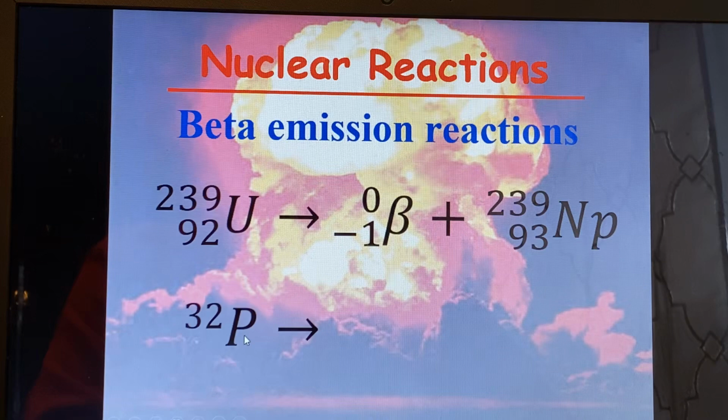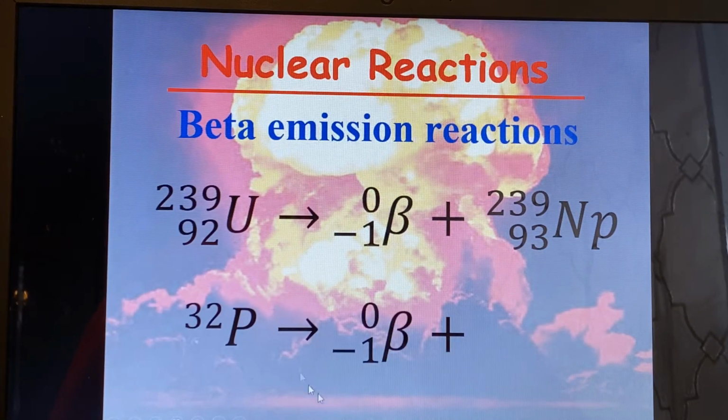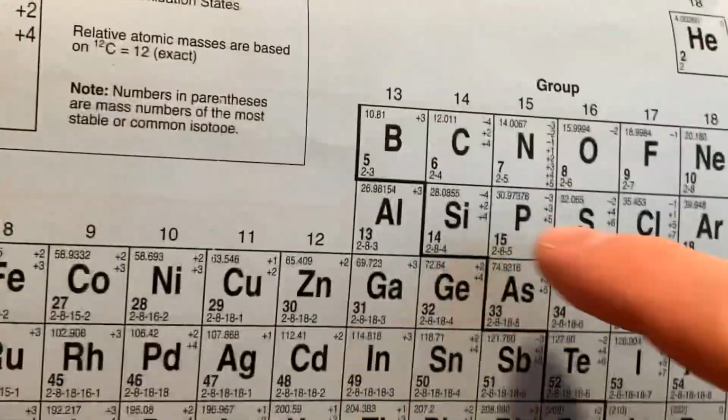Our next beta emission reaction, just like before, we didn't write down the atomic number. A lot of times it's redundant. If we know the symbol, they assume you can figure out the atomic number by looking it up on the periodic table. This is going to be a beta emitter, so it gives off a beta particle. Then we have to figure out the number of P. If you look, P is right here.